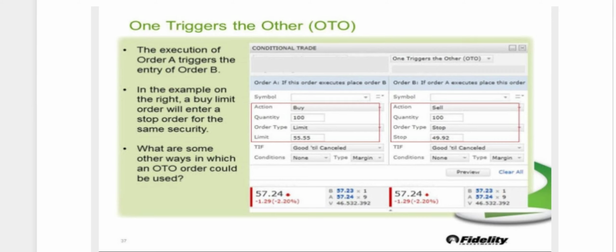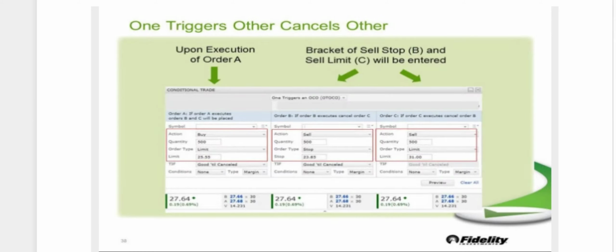What's seemingly very complex on the last one is actually, when you think about it, very logical. It's a combination of two: one triggers, one cancels the other. Say you wanted to open a position that you don't have already, and then immediately have a bracketed profit target with a sell limit above the price, and a stop loss, if needed, of course, below the price.